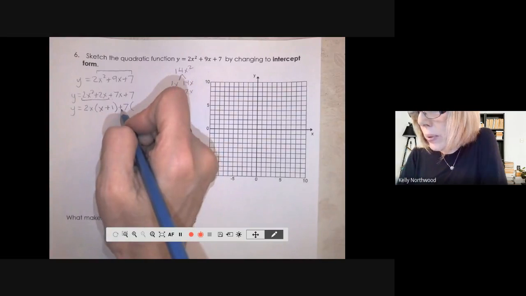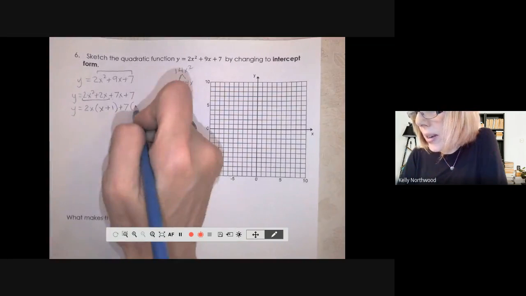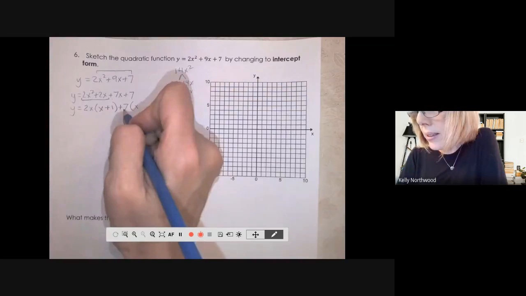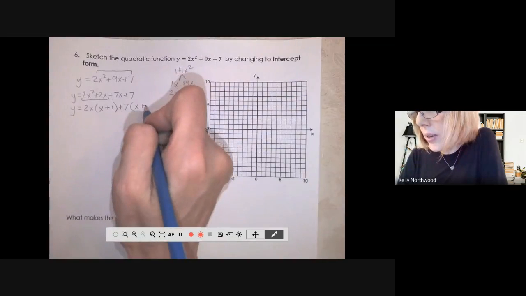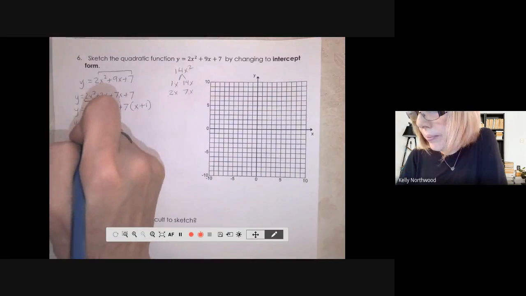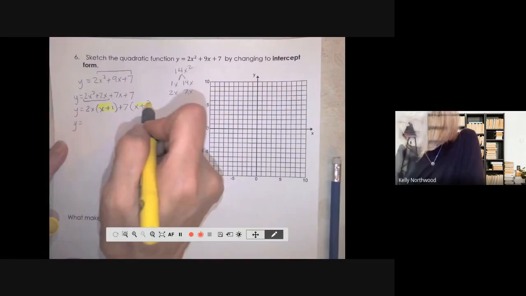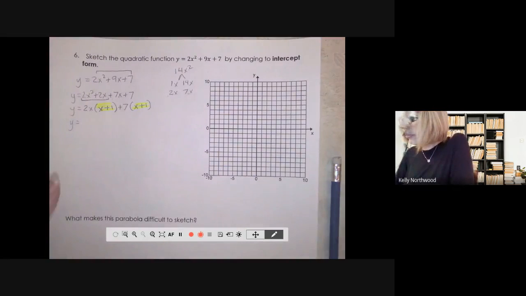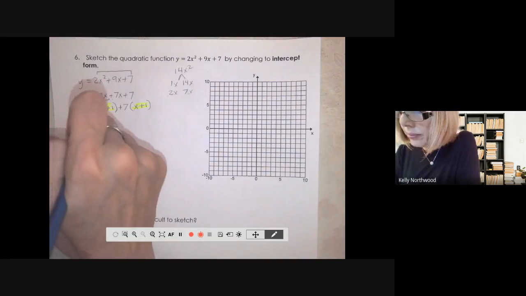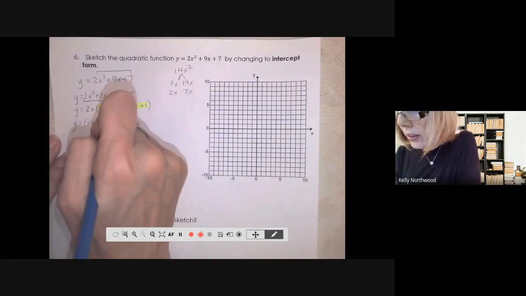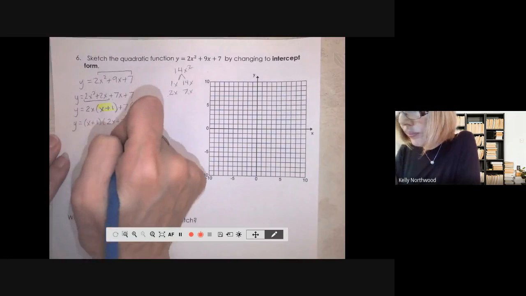To multiply positive 7 to get positive 7x, you multiply by x. And to get positive 7, you multiply by 1. So then you have this binomial common factor. And the leftovers form the other bracket.